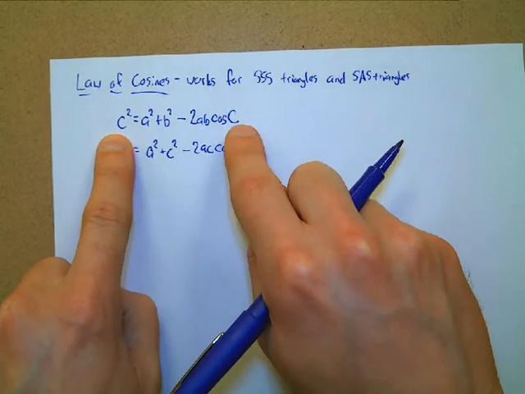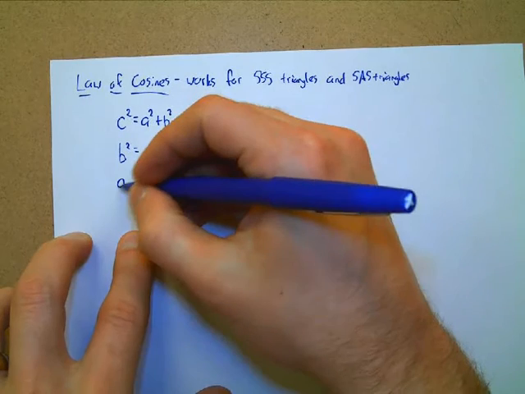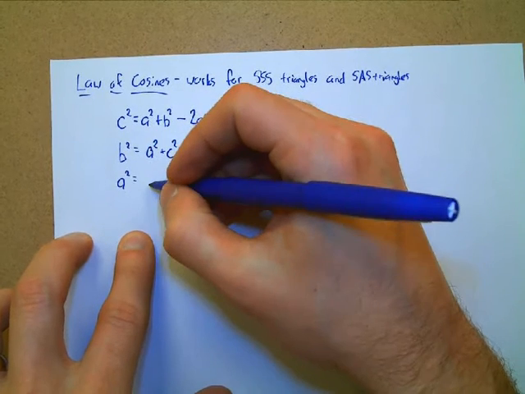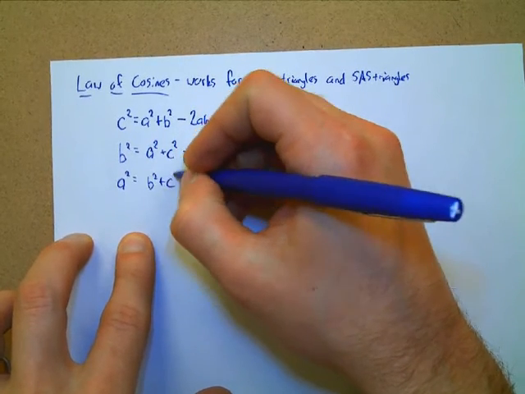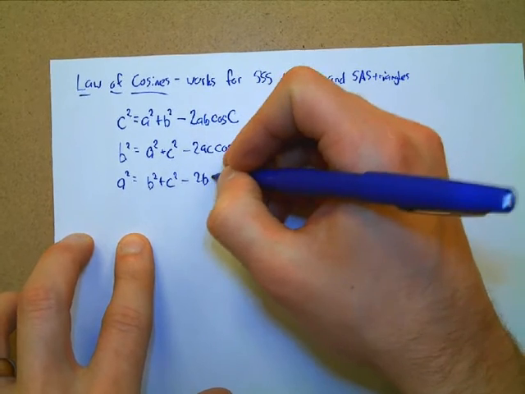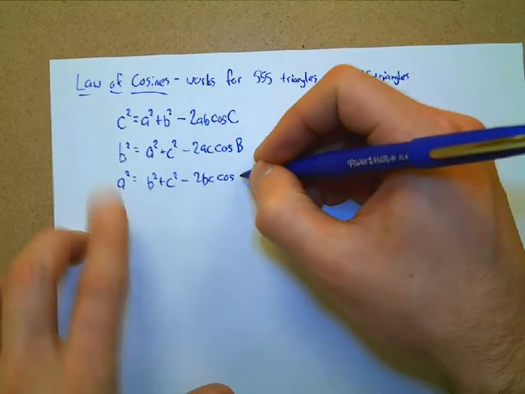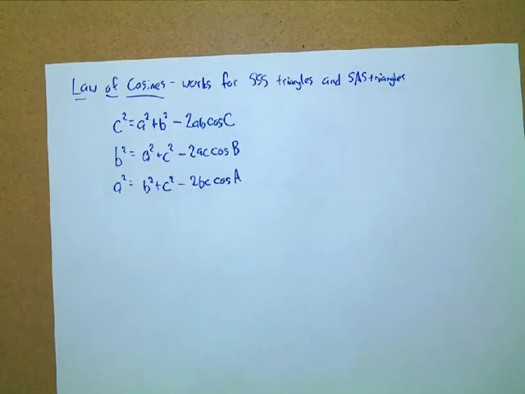Okay? And so I'll actually show you one example here of this. And we're just going to solve for a. We're not going to solve for the entire triangle here. We're just going to solve for a. Little a.